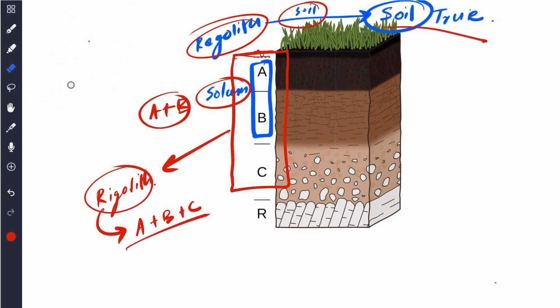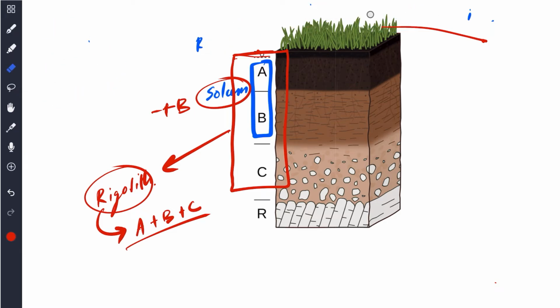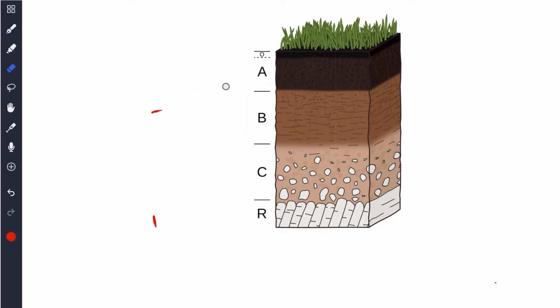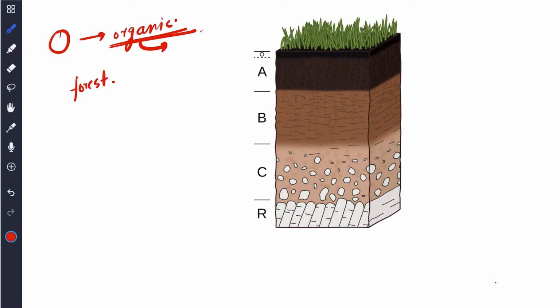Now I will talk briefly about the individual soil horizons. First I will go with the soil horizon O. From the name O, we know that it is the organic layer. The soil in your balcony lacks this layer because of the lack of organic material. You will find this layer more prominent in forest soil, or land filled with plants.